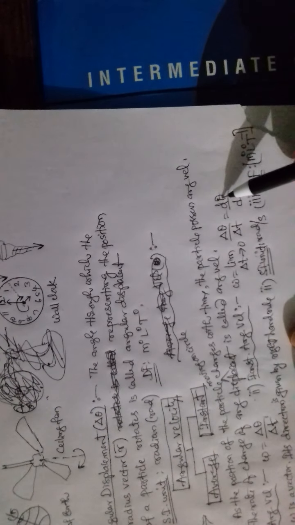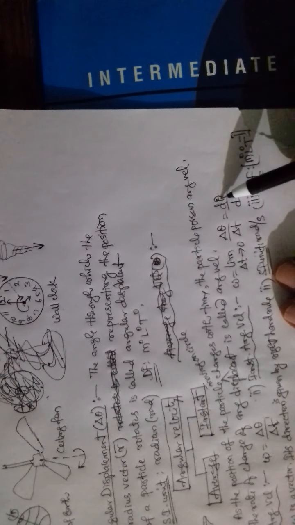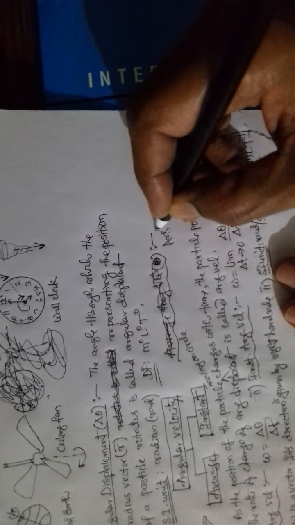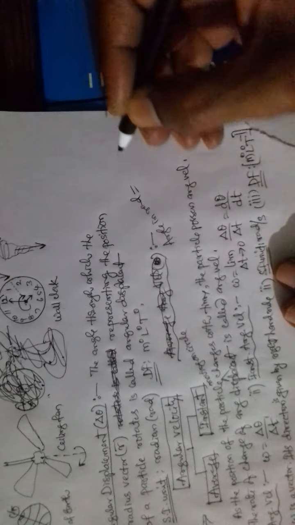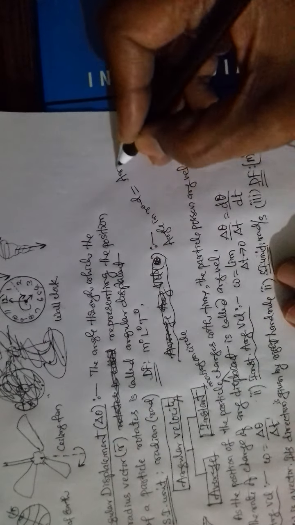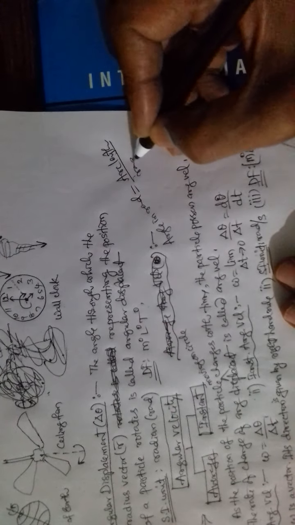For angular displacement, there is no dimension because this is a ratio. Angle in radians is defined as arc length by radius.